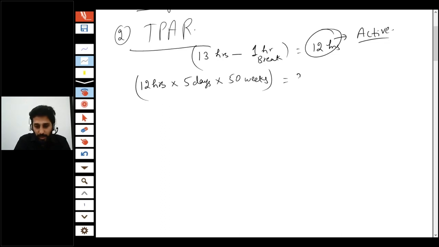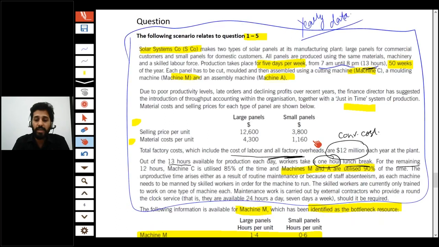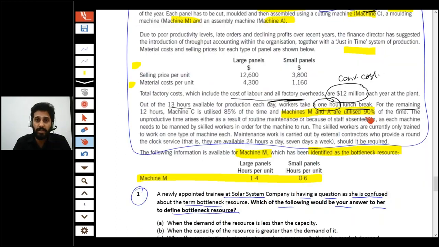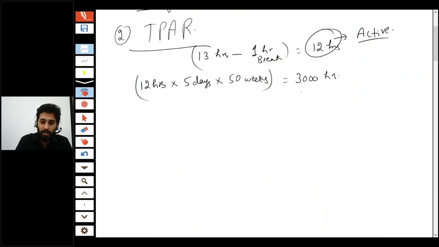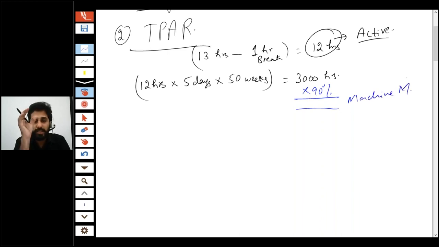That becomes 3000 hours. And out of these 3000 hours, machine M is being utilized 90%. So that means your maximum available time is 90% for machine M, because in throughput we have to place our focus on the bottleneck, and that becomes 2700 hours of machine M actively.